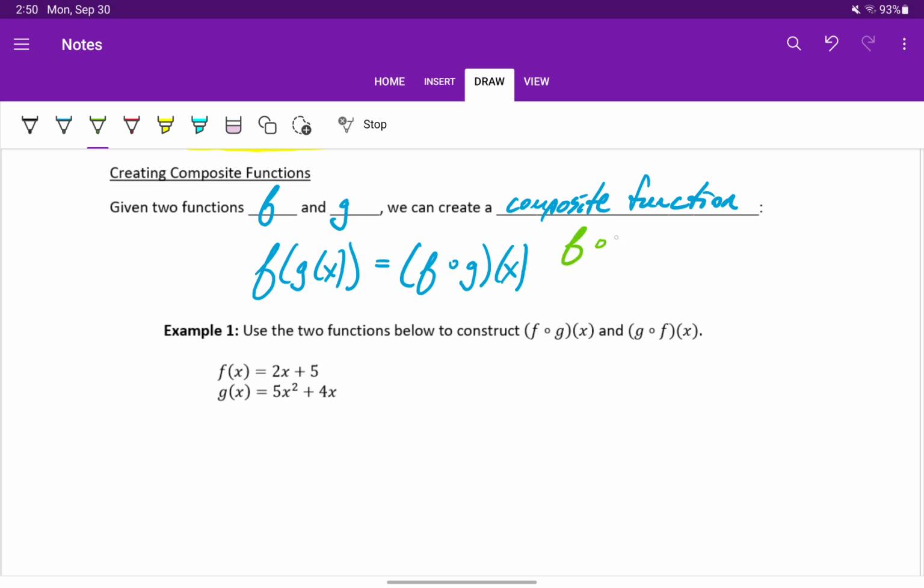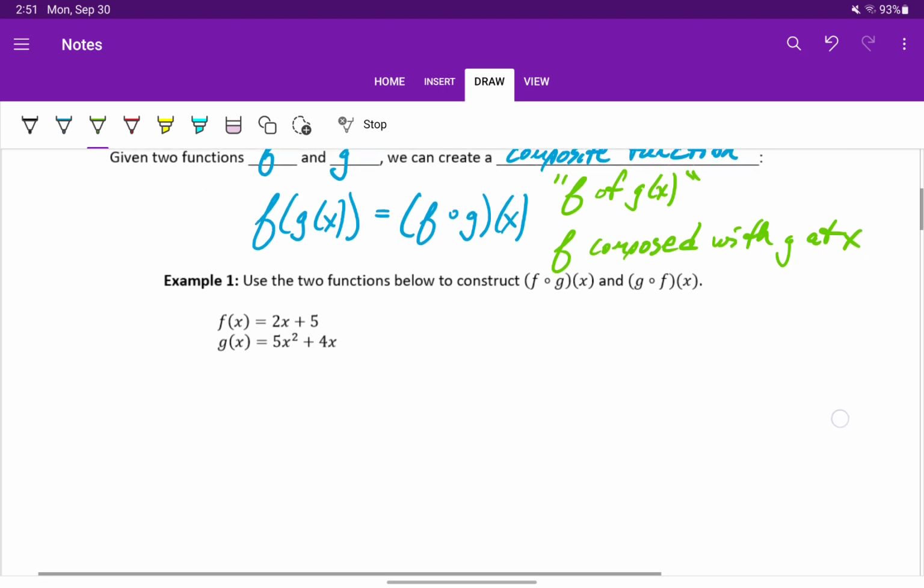We can either read this as f of g of x, meaning we're evaluating the function f at g of x, or we can read it as f composed with g at x. I tend to stick with this first phrasing. I think it's a little bit simpler and potentially a little bit more intuitive, but either one works.